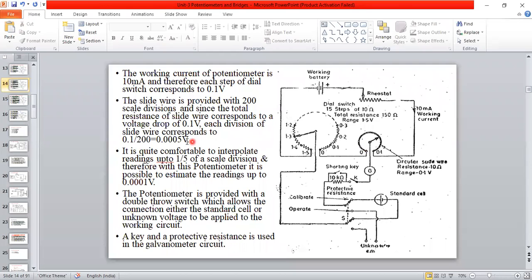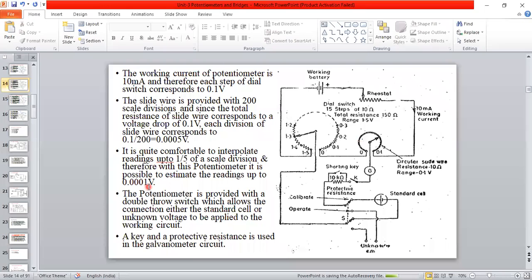So 0.0001 also we can use, then 0.0002, 0.0003, 0.0004, 0.0005, like this we can use up to here. So it is quite comfortable to interpolate the reading up to one-fifth of the scale division. Therefore, with this potentiometer, it is possible to estimate the readings up to 0.0001.